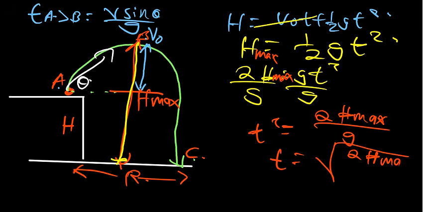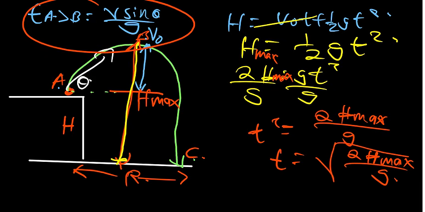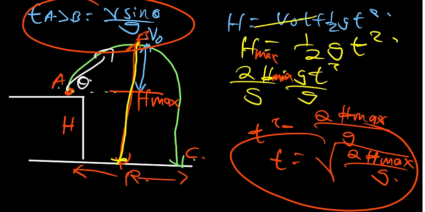I know you can use that other formula, but that formula can waste a lot of time. So when you add this time and this time, you get how long it was in the air. This time is the time from A all the way to B, and this time is from B all the way to C. When you add those two times, you have how long it was in the air.